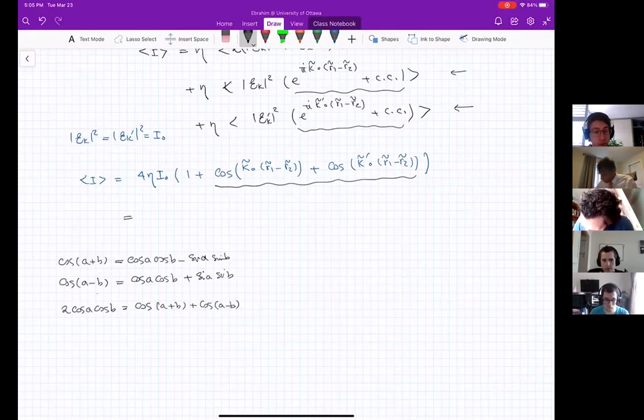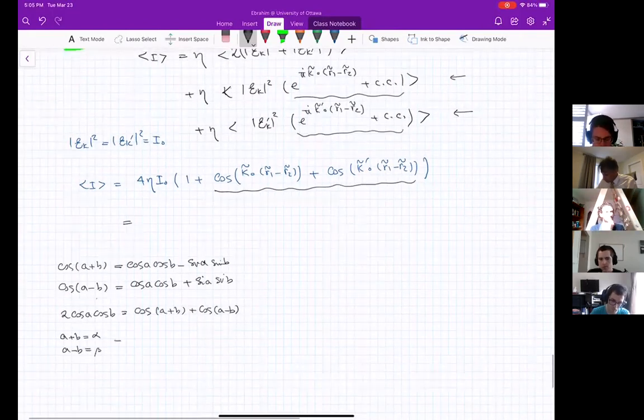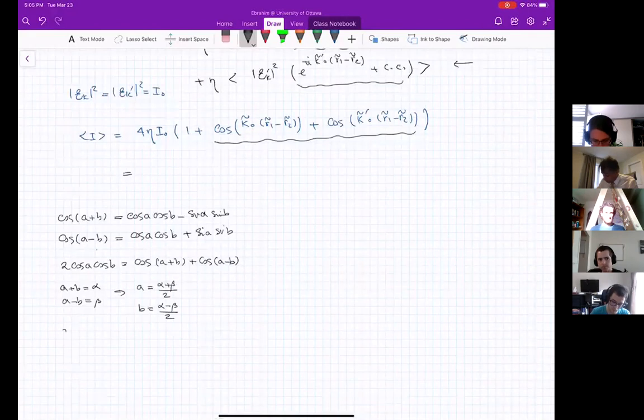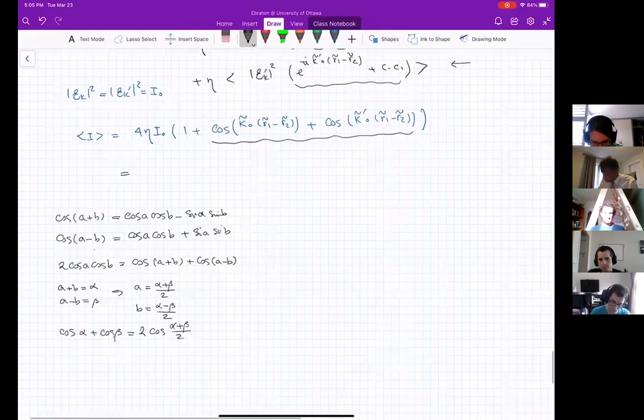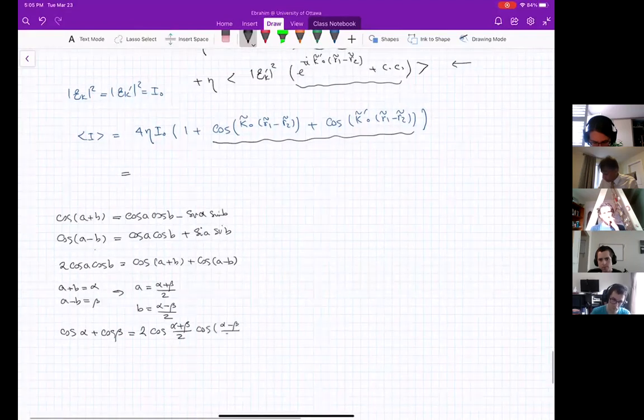All right, so A plus B, I assume, is alpha, and A minus B, I assume, is beta. Then A is equal to alpha plus beta divided by 2, and B is equal to alpha minus beta divided by 2. So cosine of alpha plus cosine of beta is equal to 2 cosine of (alpha plus beta)/2 times cosine of (alpha minus beta)/2. Okay, good.